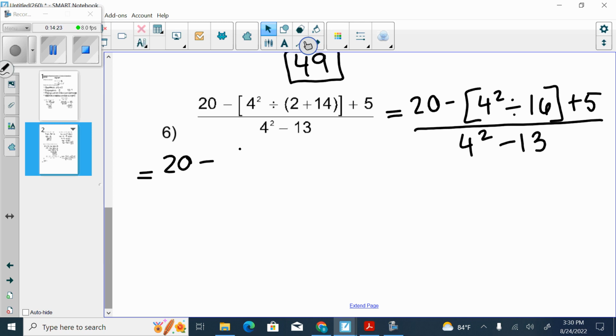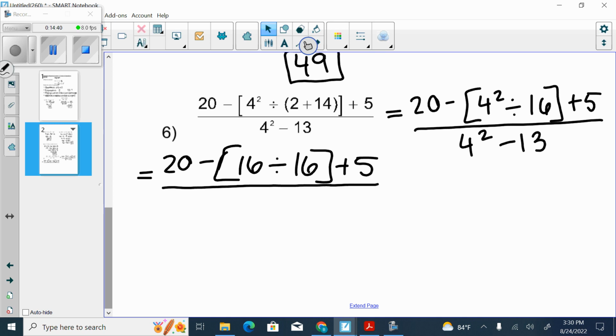So, 20 minus, so we said we would do the exponent. What is 4 squared? Right, 4 times 4, nice. Divided by 16 plus 5 all over. We got another exponent here in the bottom, right? Again, 4 squared is 16.